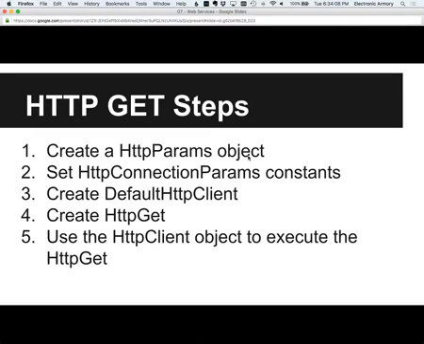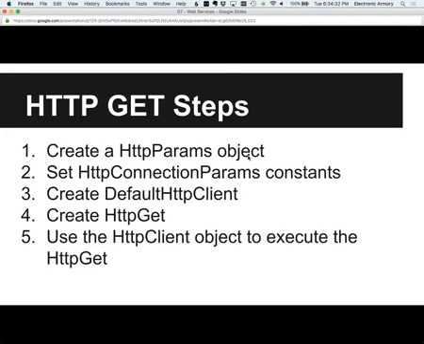Because if you look at all these steps, there's 5 steps to get a URI. First, we create an HTTP params object, so we create an instance of that class. Then we do an HTTP connection params constant. I'll show you code in here in a second. Number 3, create a default HTTP client.